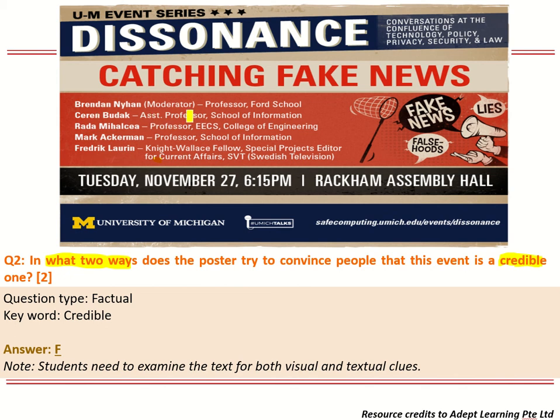So I see that the moderator is a professor from Ford School. Then some of the speakers are assistant professor from School of Information, professor EECS, College of Engineering, a professor, School of Information, and we have this Knight Wallace Fellow, Special Projects Editor for Current Affairs at the Swedish Television. And this event is held at University of Michigan.